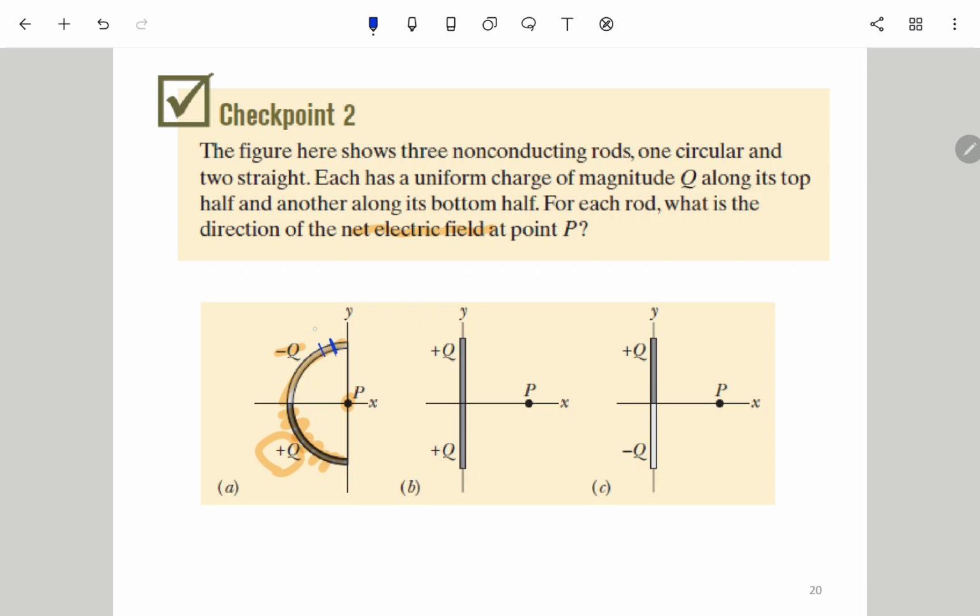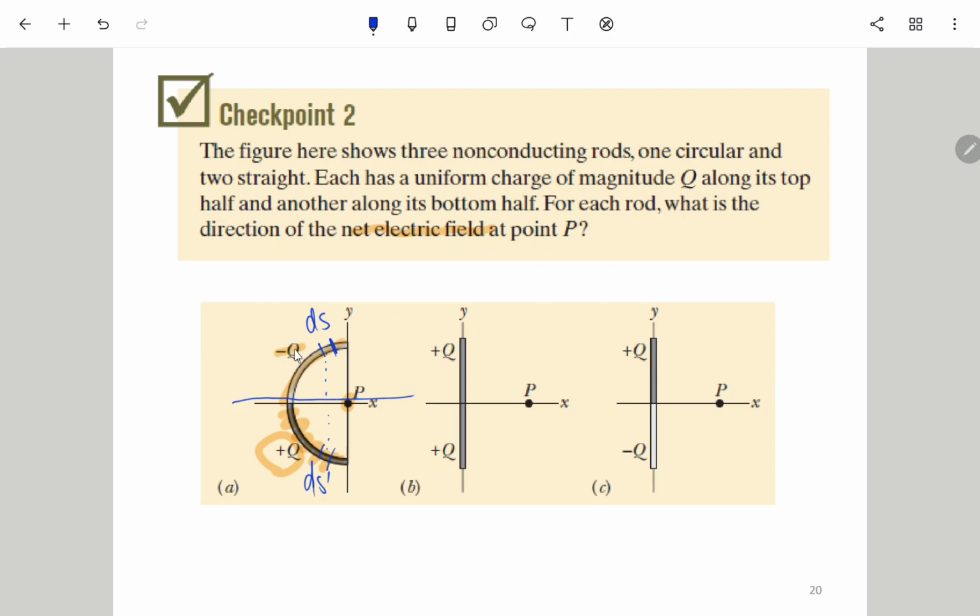Let's say this one is ds, and we can symmetrically find a part called ds prime. You can see the top part and the bottom part should have a symmetrical axis as the x-axis. So ds here, ds prime will be the symmetrical segment.